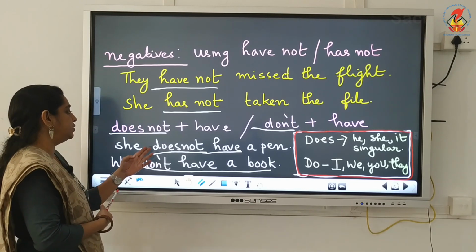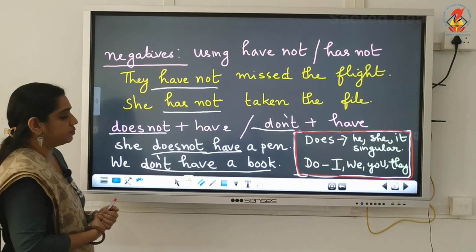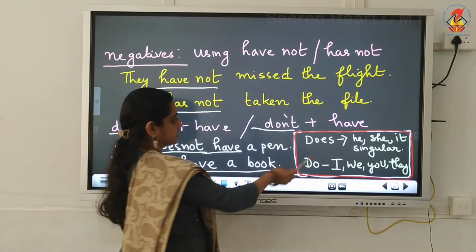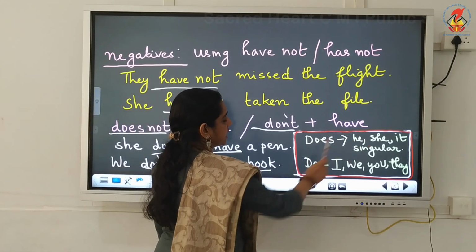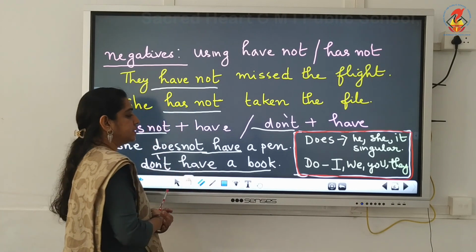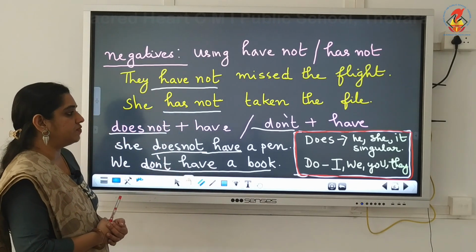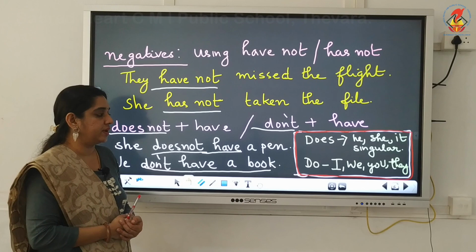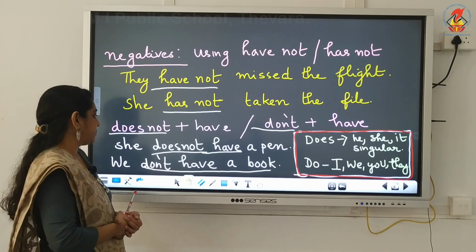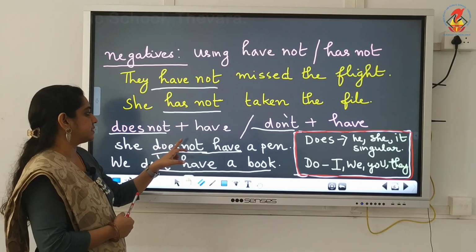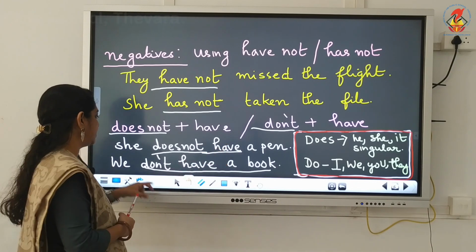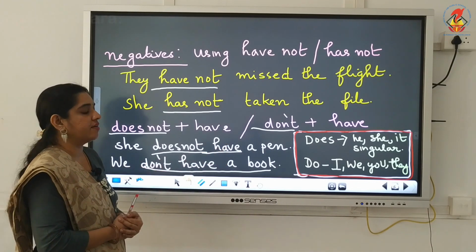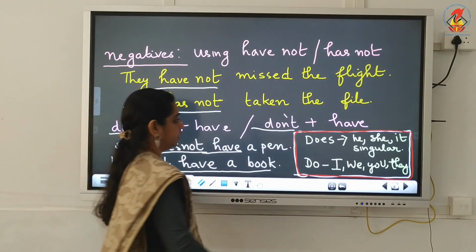And using does and do, you studied in your lower classes. See, does is used with he, she, it and all singulars, and do is used with I, we, you, they and all plurals. See, she does not have a pen. Here we do not have a book.